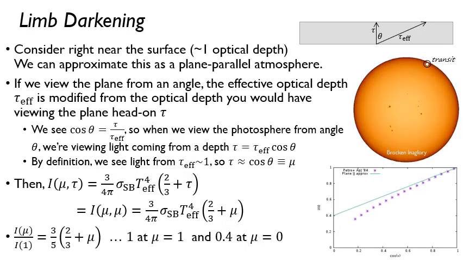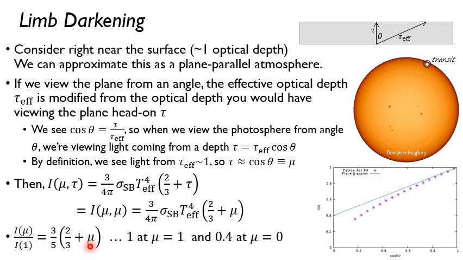Okay, so what does that predict? This is the intensity given some viewing angle. So we can look at the ratio of the intensity when you view it head-on to the intensity when you view it at some angle. That's then 3/5 times 2/3 plus mu, where mu is the cosine of the angle that you're viewing from.